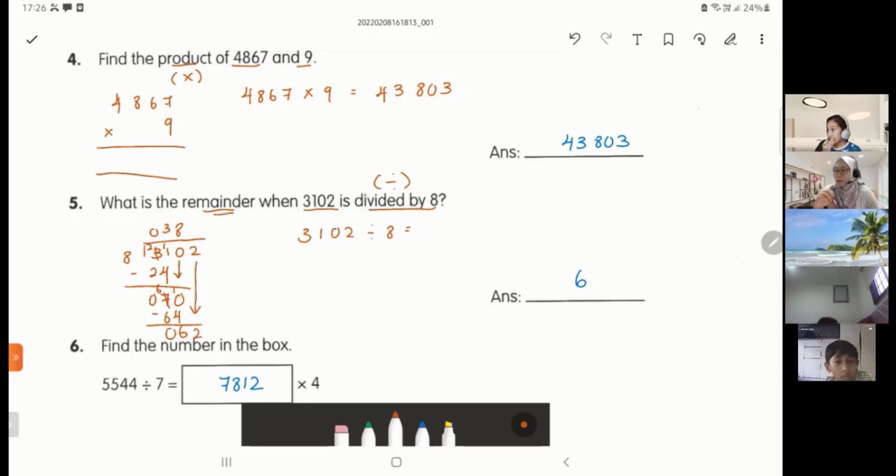I got no space. So 62, nearest will be 7, 56, right? I'm squeezing here, okay? So the balance, or the remainder, is 6. Can you see? All right, answer is correct for this one. Very good. Next question.